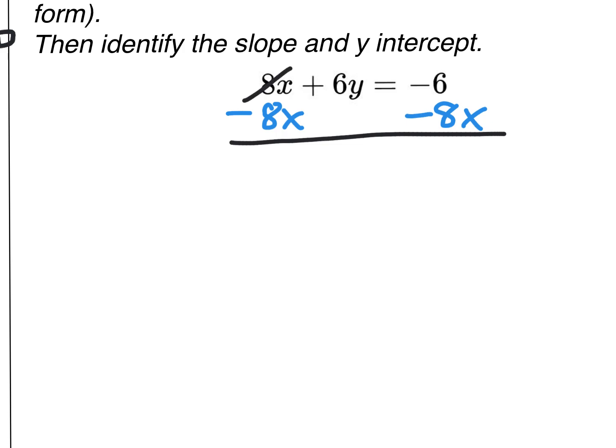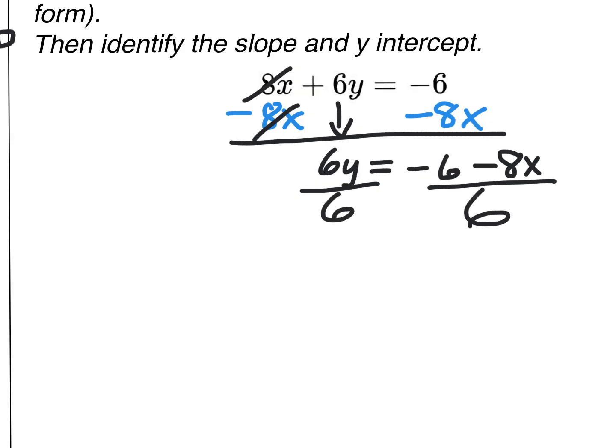We know that those are canceled. We're going to bring down that 6y. We can't combine these, but they are on the same side, so we just write them as 2. And then we need to divide by 6 to cancel, right? So we got y equals, so we got -6 divided by +6, which yep.